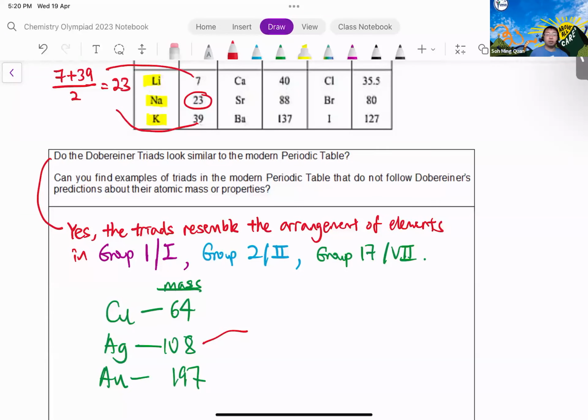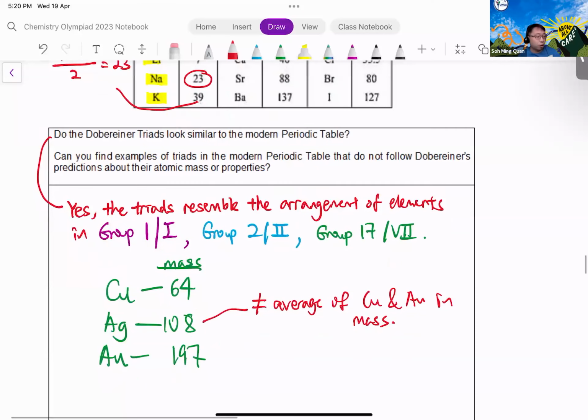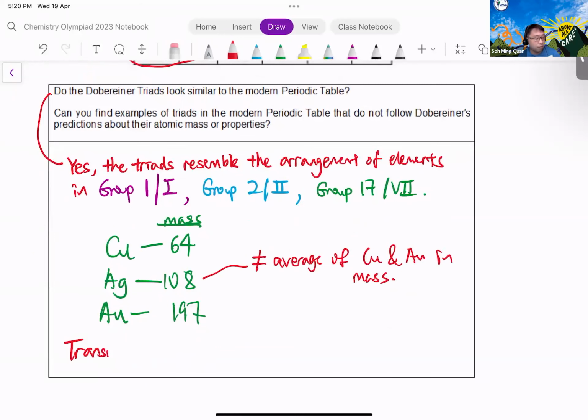Okay? If you were to take the average, 197 plus 64 divided by 2, it is not 108. So what are the examples that do not follow Dobereiner's triads? The ones that don't follow are your transition metals.